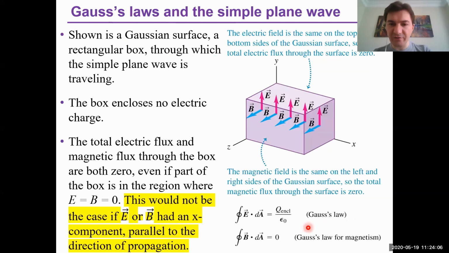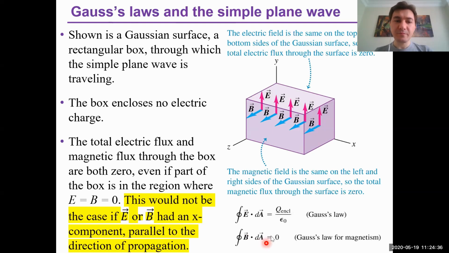So we have Gauss's law for electricity given like this. This is the closed surface, and this is the electric field. This is the area. This is Q enclosed over epsilon 0. We have discussed all these things in previous chapters. I will not go into detail. And this is Gauss's law for magnetism. It is equal to 0 because there is no magnetic monopole. We have also discussed this one, which is given again by the closed surface integral of B times area.